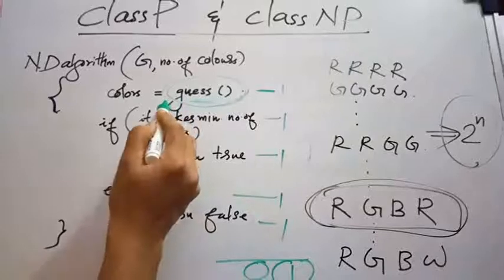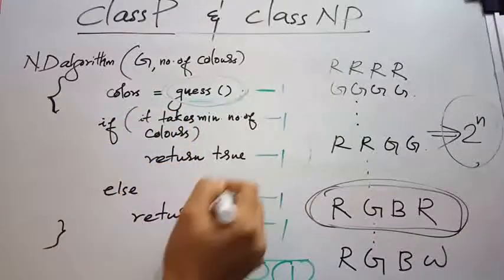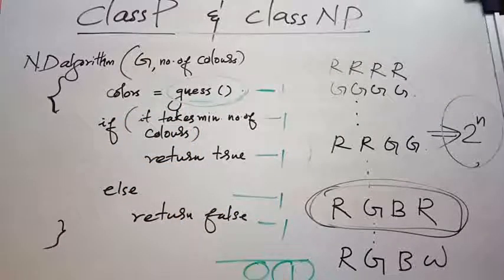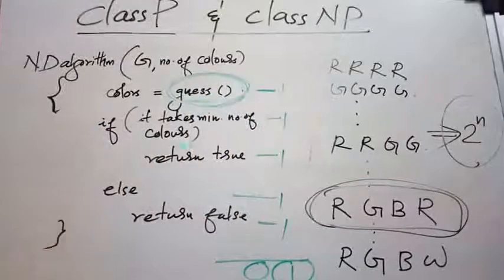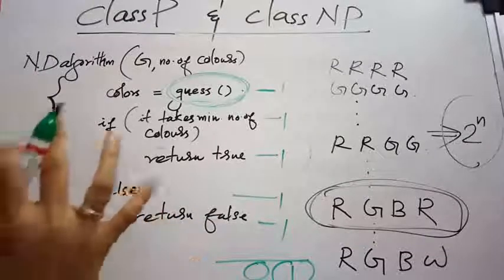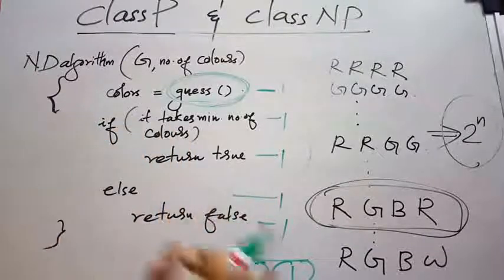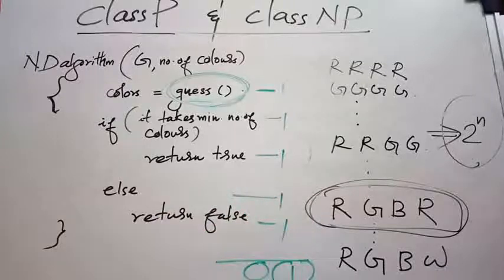When we have the solution, we can verify whether it is true or false. So verification is done in polynomial time. But this part is non-deterministic because we don't know how we will get the guess solution. This is why we call it a non-deterministic algorithm, which is verifiable in polynomial time.